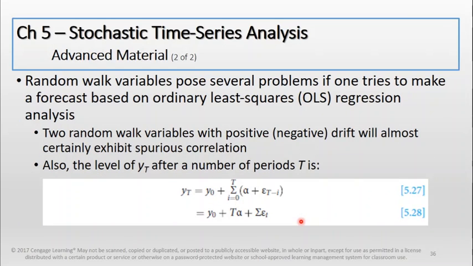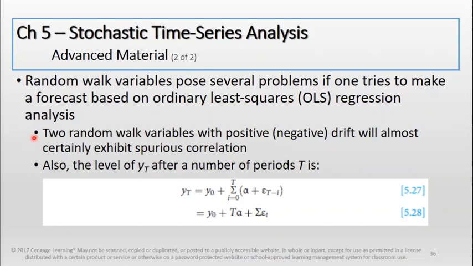Next is random walk variables. Random walk variables pose several problems if one tries to make a forecast based on OLS, or ordinary least squares regression analysis. For one thing, two random walk variables with positive or negative drift will almost certainly exhibit spurious correlation.